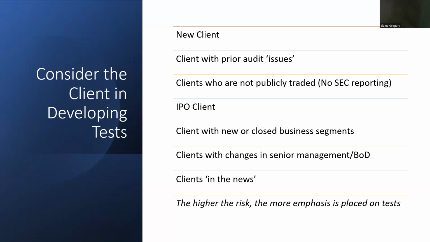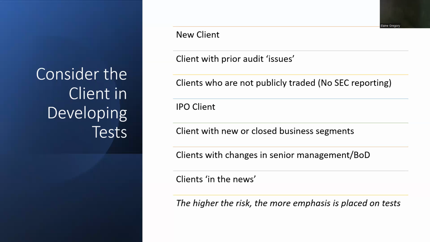Clients who are not publicly traded, where you have no SEC reporting and you have very little information out there on that client. Maybe you have an IPO client where you may be looking at the cash that they're bringing in to see if they're going to become publicly traded.